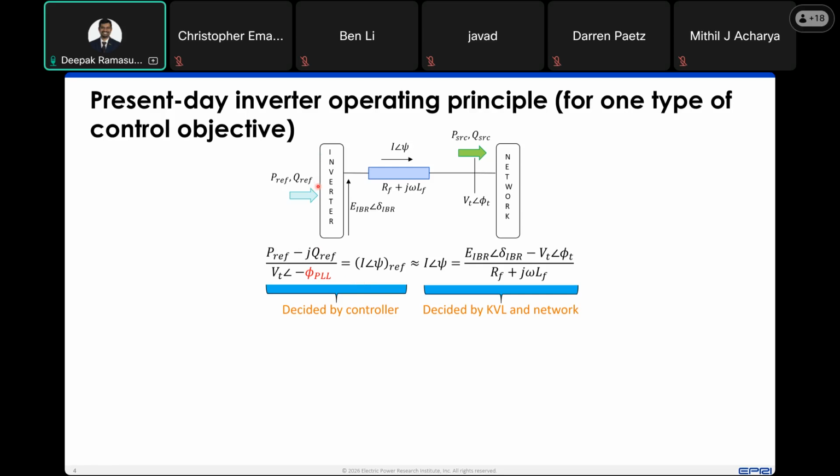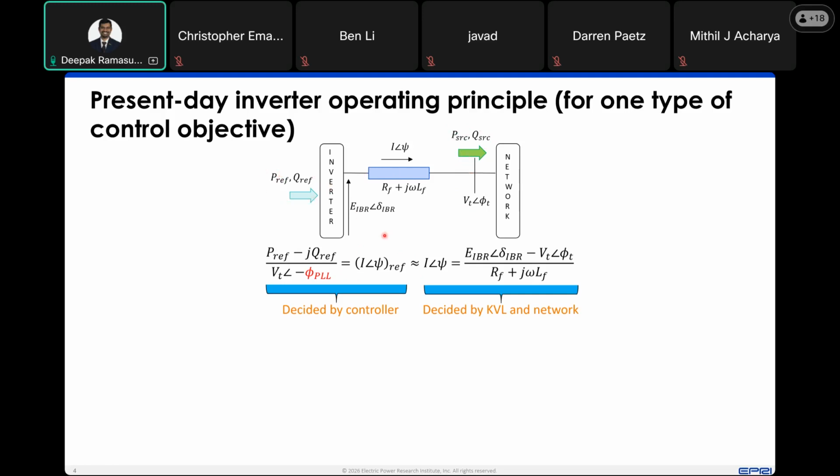An individual inverter has power commands that are given to it, and the individual inverter's control determines, for that power command that it is asked to inject into the network, how much current it has to inject at the voltage that it is injecting at. So the inverter control is trying to ensure that the power being injected into the network is the same as the power reference that it has.